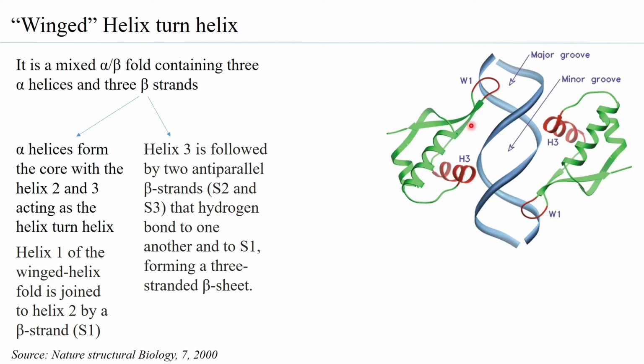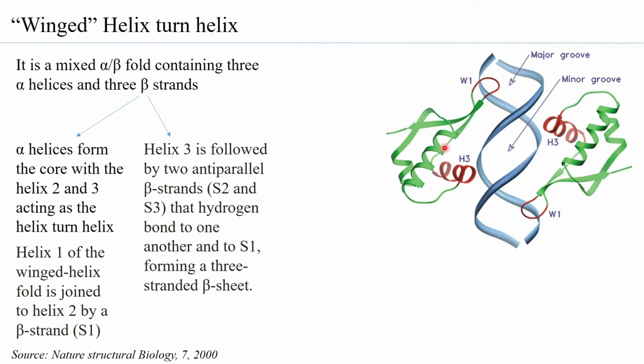So this is one beta strand and this is the second. You can see this is one beta strand looped with a second beta strand. Therefore, this is S2 and this is S3. Interestingly, S2, S3, S1, all three coordinate with each other through hydrogen bonding to form a 3-strand beta sheet.